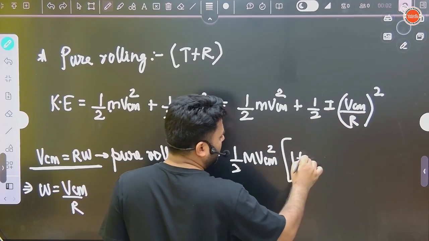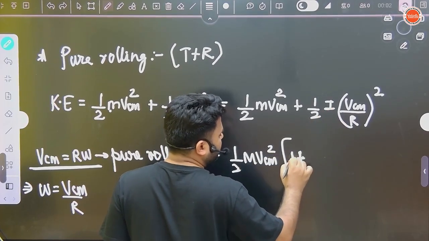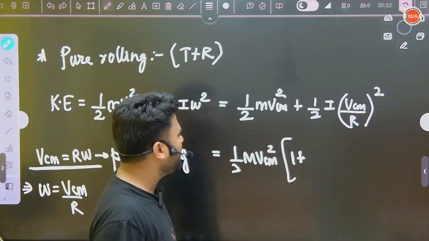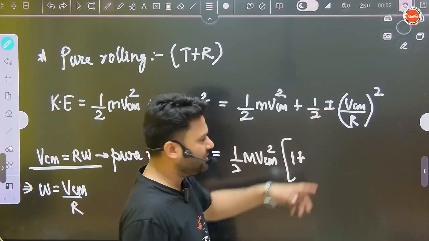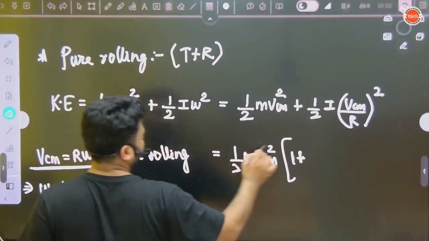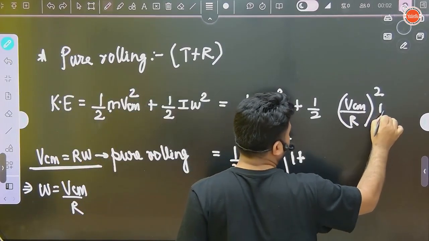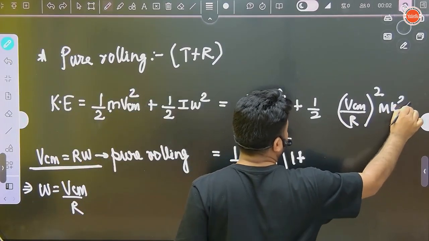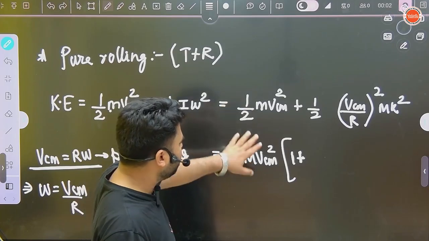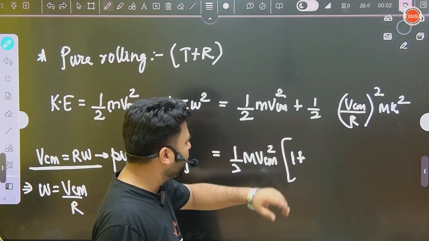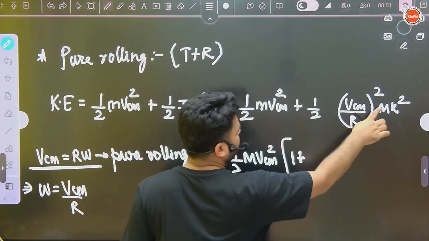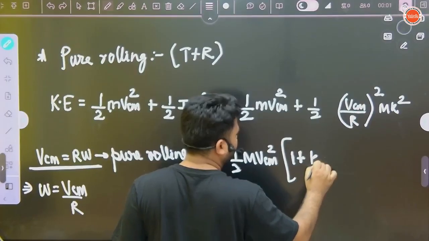What is I? In place of moment of inertia, can I write m k square? So taking half m v_cm square common, it is 1 plus k square by r square.